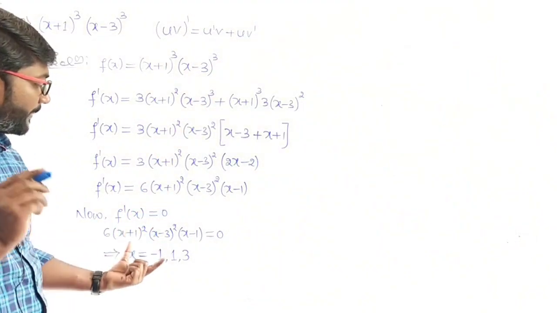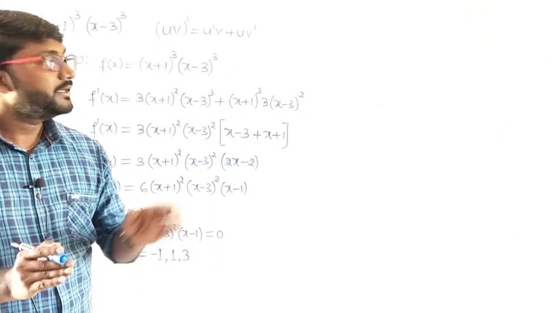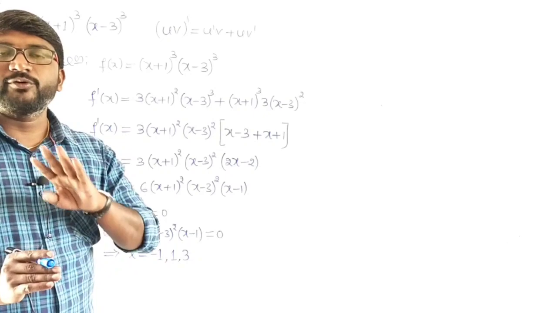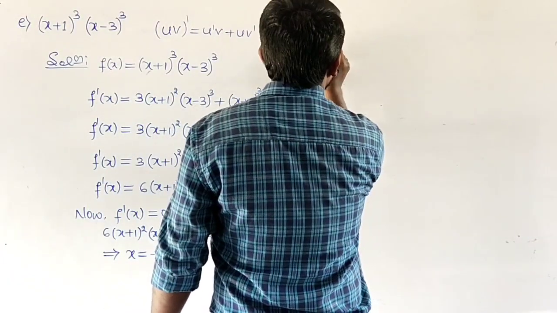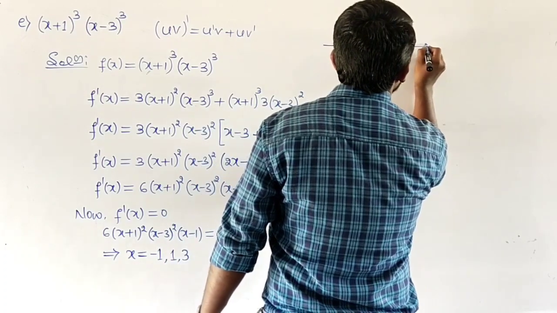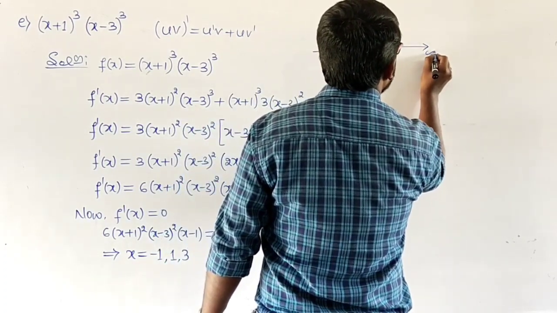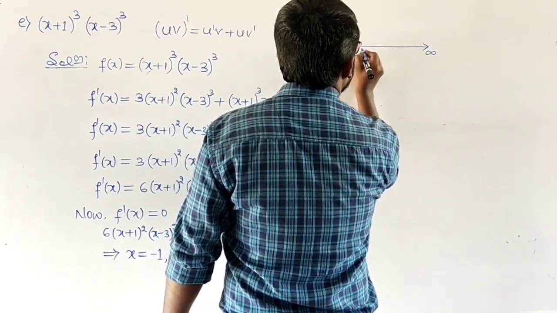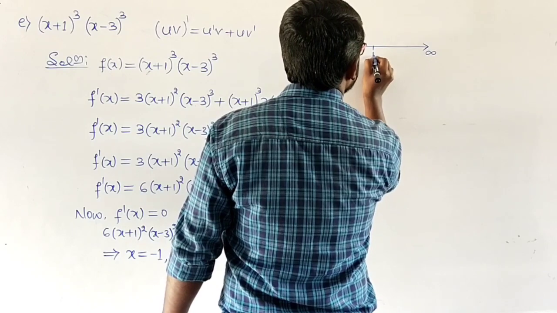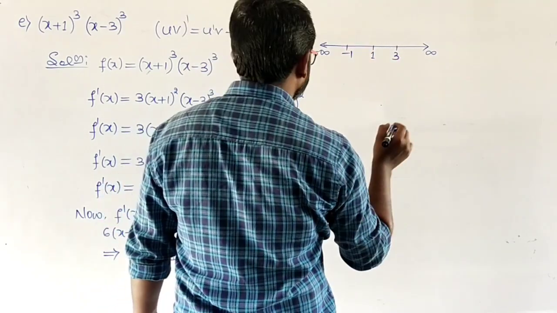That means overall the points x equal to minus 1, x equal to plus 1, and x equal to plus 3 divide the number line into 4 disjoint intervals. So let me mark those intervals on a number line. So it is minus infinity, and here we have infinity, then it is minus 1, then plus 1, and then plus 3. So we'll go for the table now.